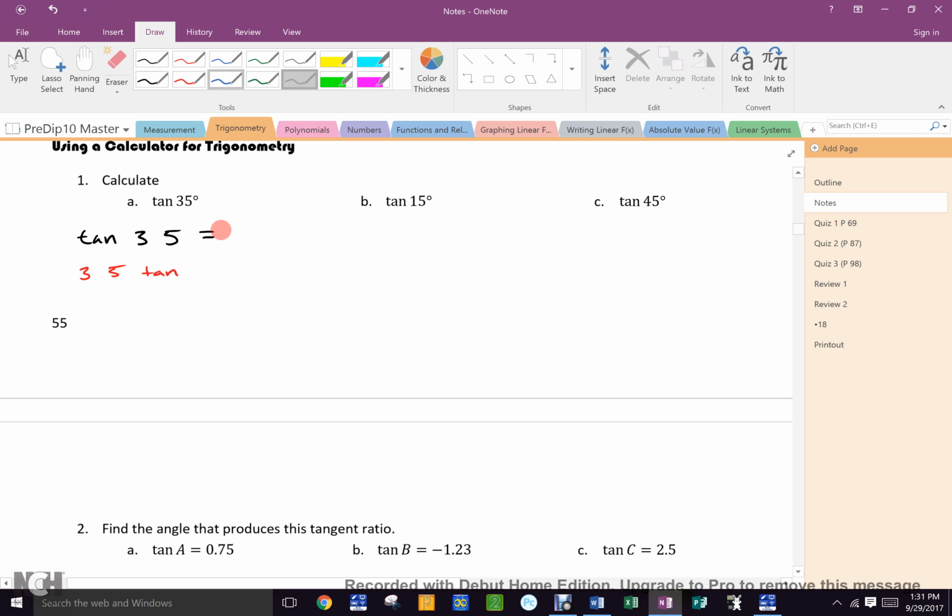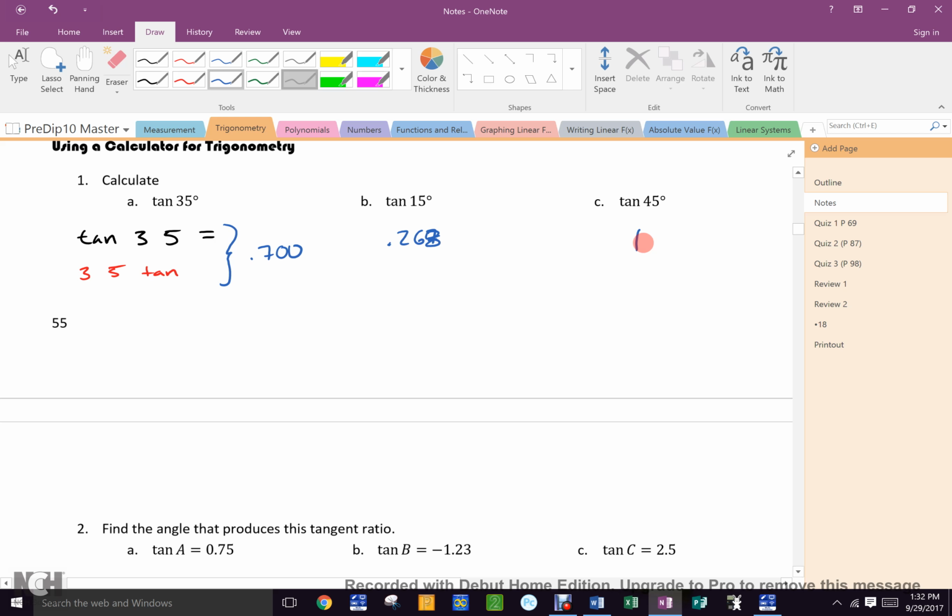And that is going to give you what for an answer? 0.700 blah. Right? 0.00207. I say again, blah. Now, do the same thing for 15. 0.267. 3 decimals in trig. What's 45? Yeah, it should be 1.